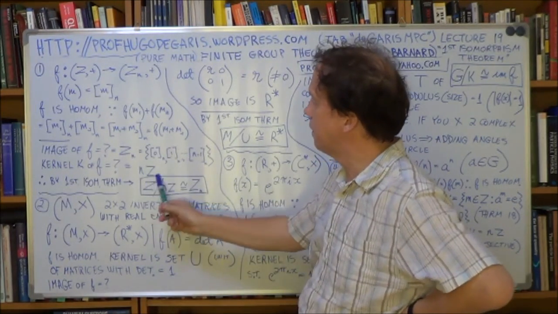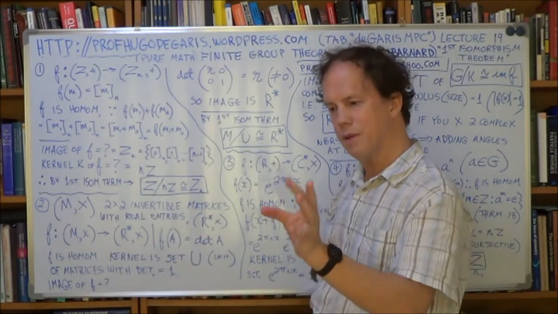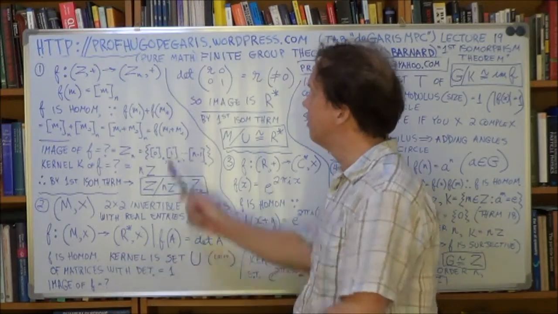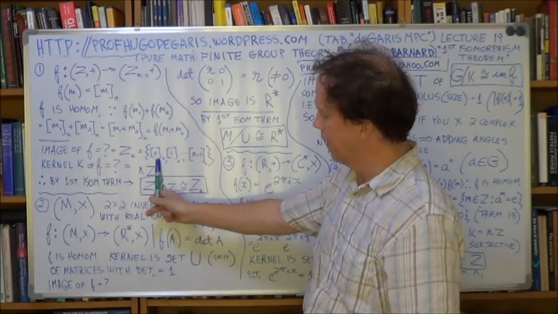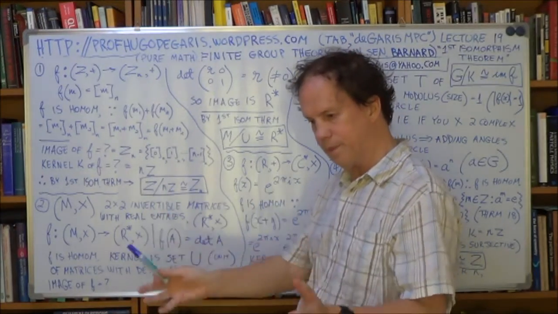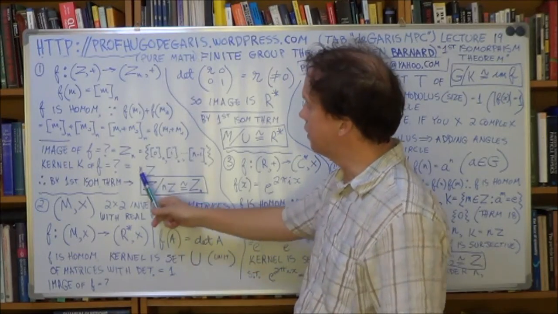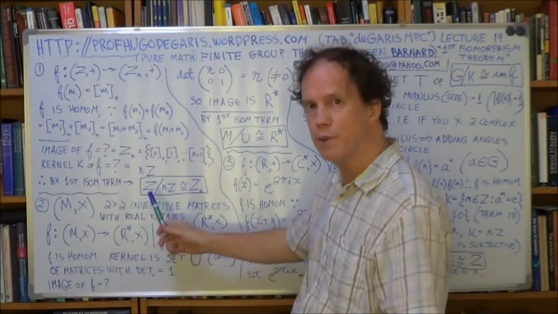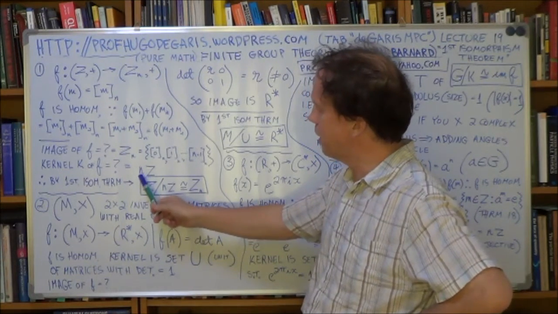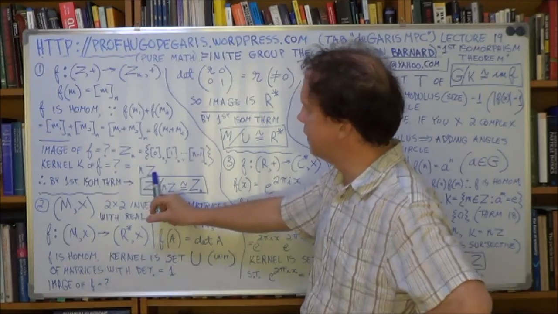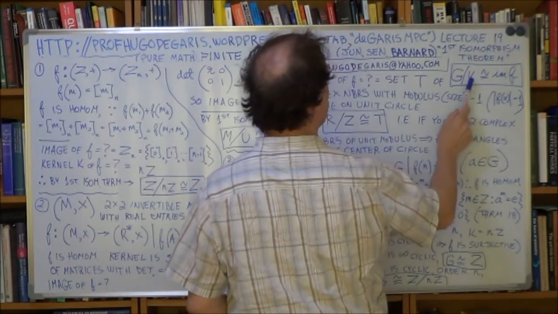You put all those in a set, and they all map to the unit of H. That set, the kernel, is just the multiples of n, so it'll just be nZ. So your kernel is nZ.